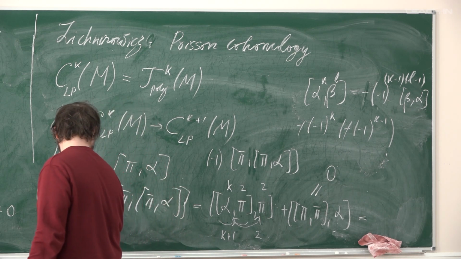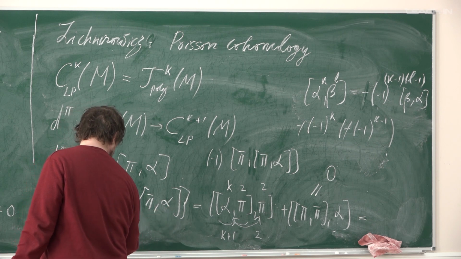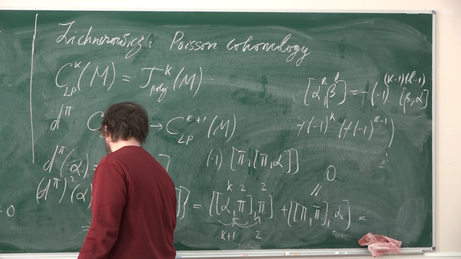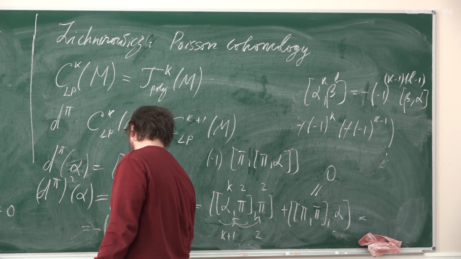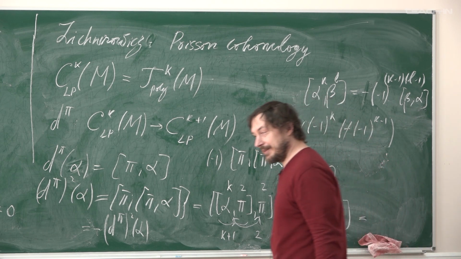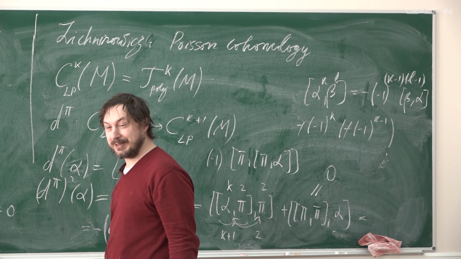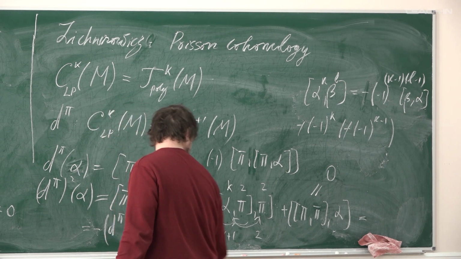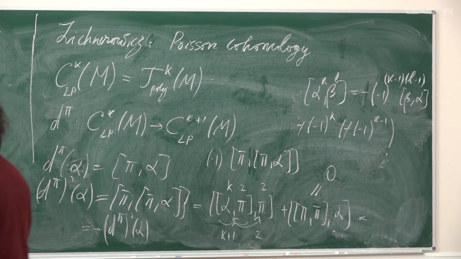So what we see is that this is equal to minus d_pi squared of alpha. So if something is equal to minus itself, then it is 0, at least when the characteristic of the field is not divisible by 2, right? The characteristic is not 2.